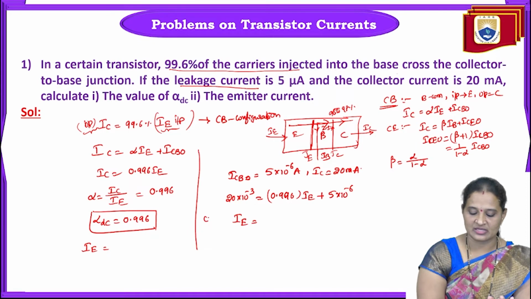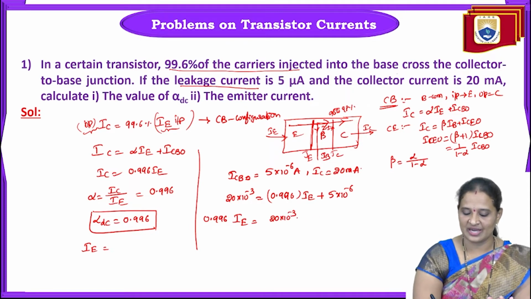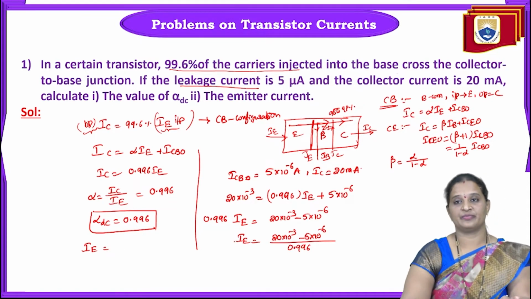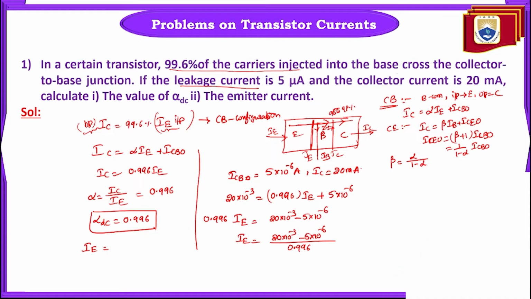So 0.996 into IE equals 20 into 10 to the power of minus 3, and taking this term to this side, minus 5 into 10 to the power of minus 6. So IE equals 20 into 10 to the power of minus 3 minus 5 into 10 to the power of minus 6, divided by 0.996. So you can calculate the IE value.